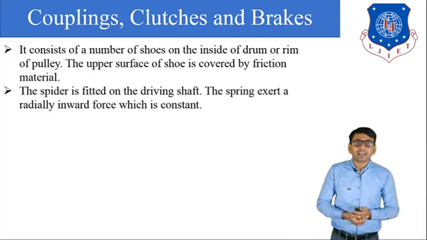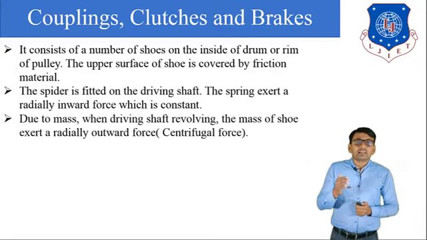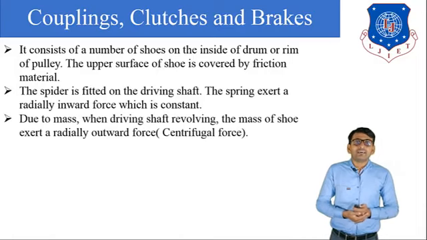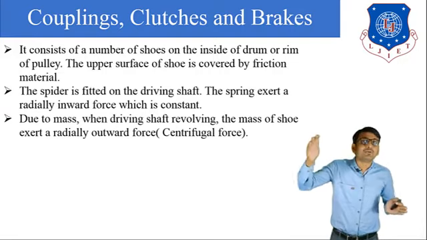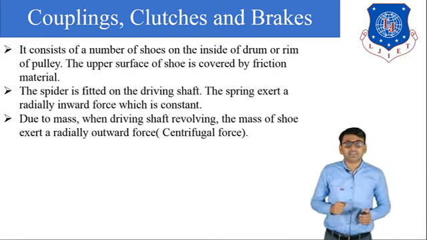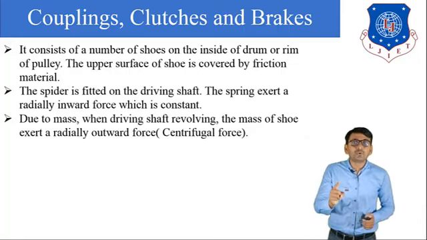The spring exerts a radially inward force which is constant. When the driving shaft rotates, the mass of the shoe exerts a radially outward force, that is centrifugal force, which is due to rotation.